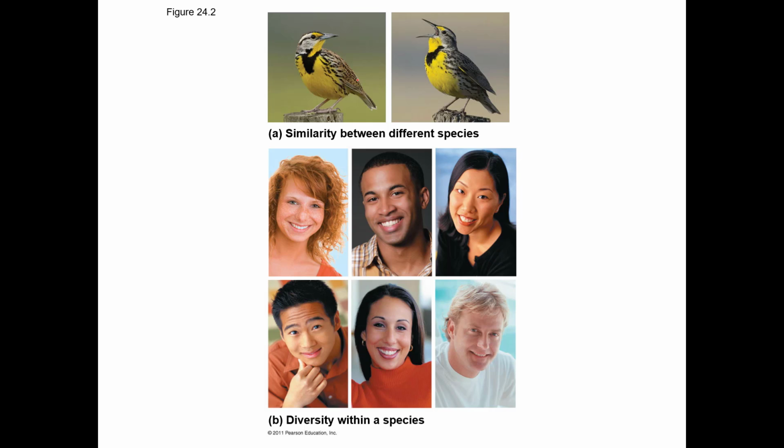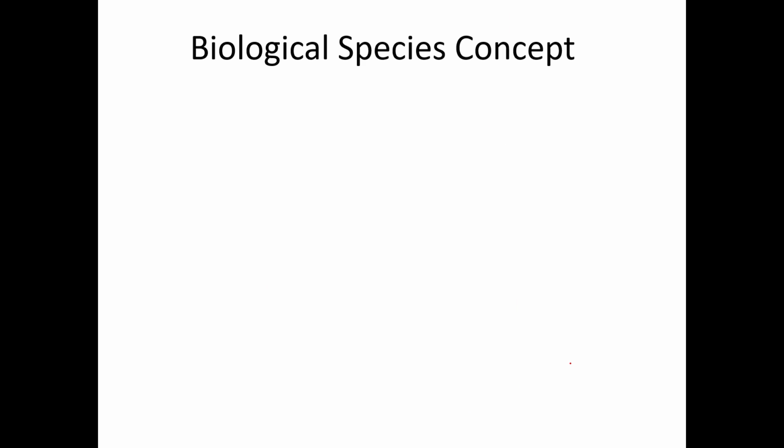And what we should note is that, at least from our perspective, a lot of species look similar that are actually different species. And we as humans often like to think of our own species as being very different, but we're all the same species. We can all interbreed and produce viable, fertile offspring. So just how things look is not always a good test for what species things are, or whether they're the same or a different species. We have to rely on cladistics to help us out with that.